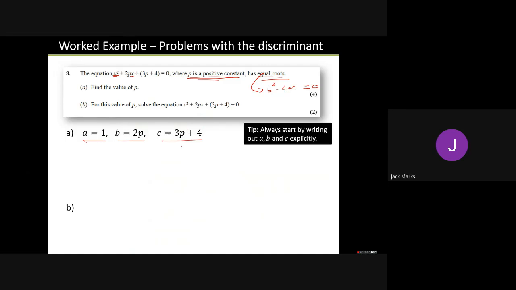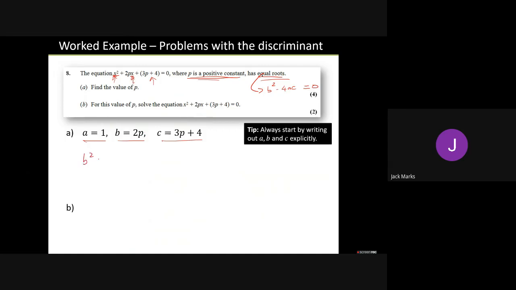You need to group things together. Group things together that have an x squared, group things together that have an x, and group things together that have no x or x squared.